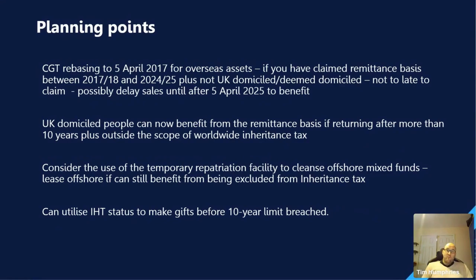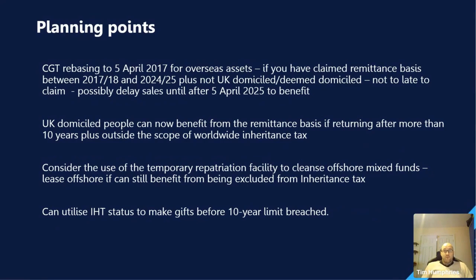Now, if you had an asset that you had owned before the 5th of April 2017, you were in a position that you could have claimed the remittance basis in the last 7 years, effectively between 17/18 and 24/25, and you had claimed the remittance basis during that period, then it's possible to rebase your assets to the 5th of April 2017.